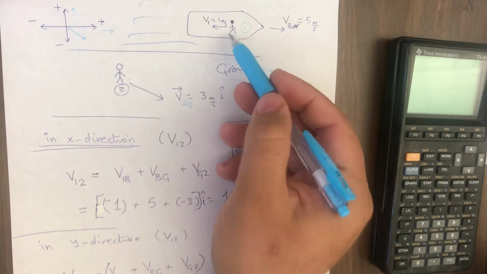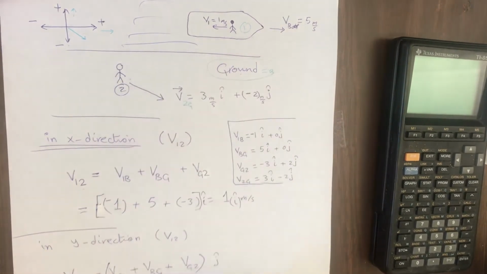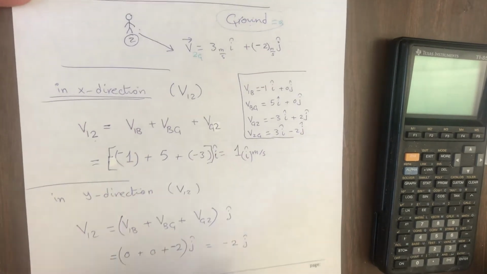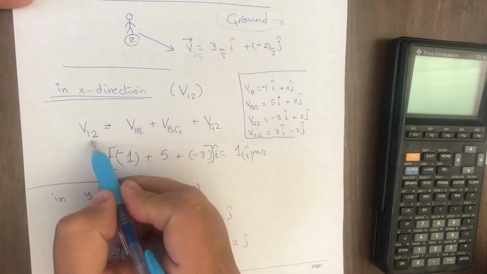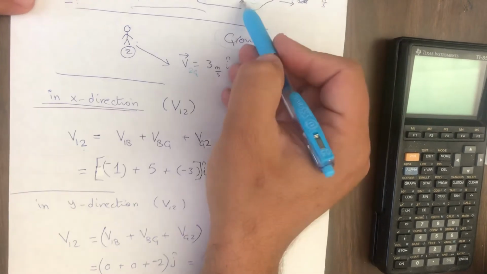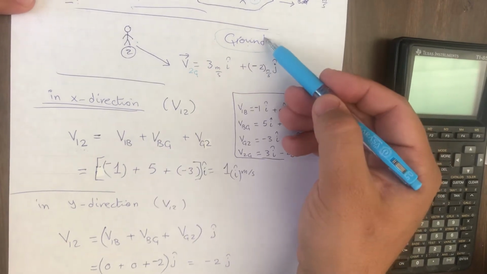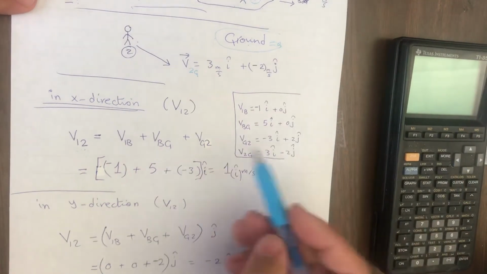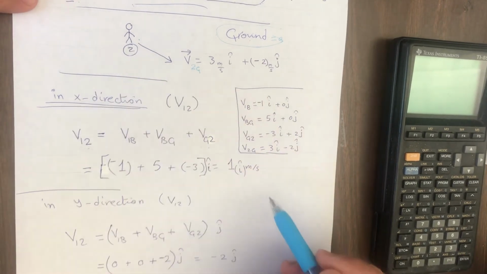So I bridge 3 times from the first person to the boat, to the ground, then to the second person. So v12 is equal to, in x direction I'm talking now, v1 with respect to boat plus v of the boat with respect to the ground, which is the river speed, and v of the ground with respect to the second person.